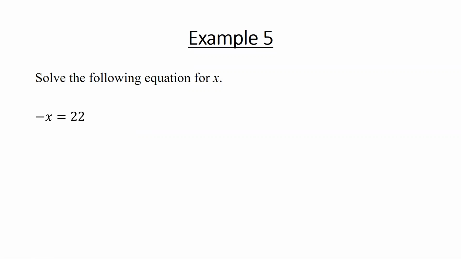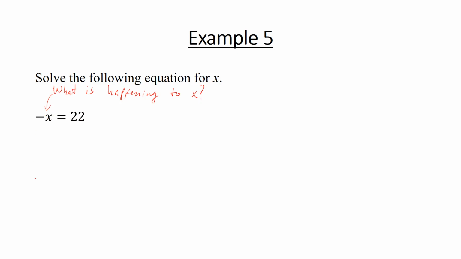The reason why this equation is sometimes problematic for students is because when you look at this term negative x, it's not as easy to say what is happening to x. What is going on with x here?